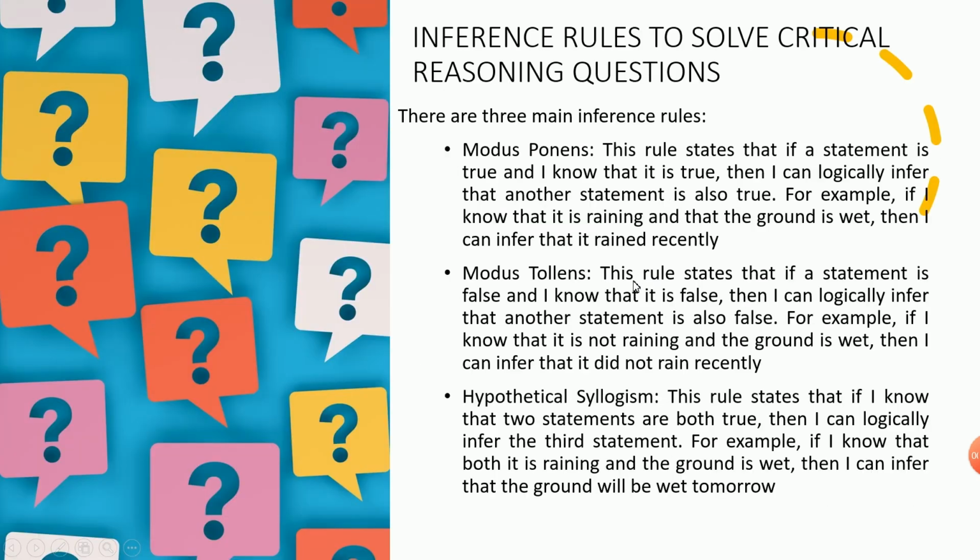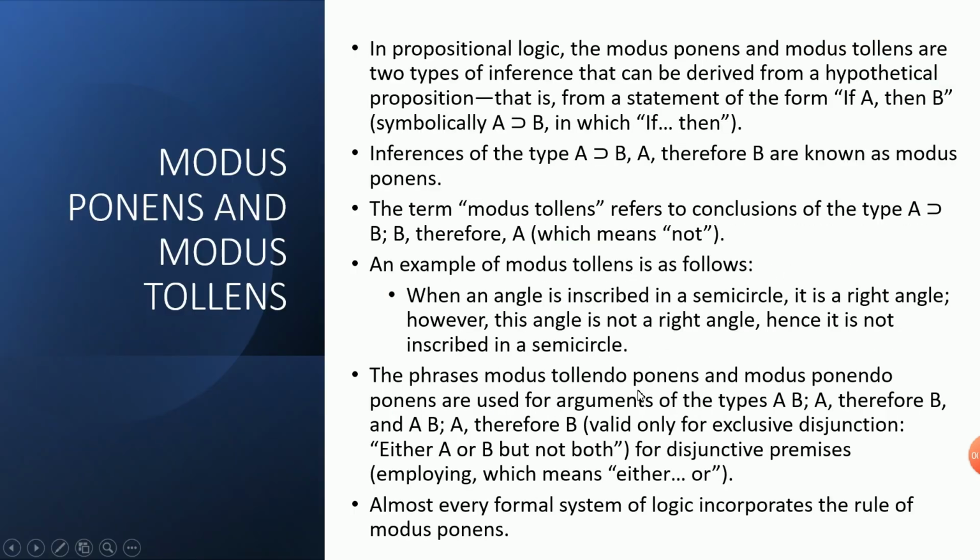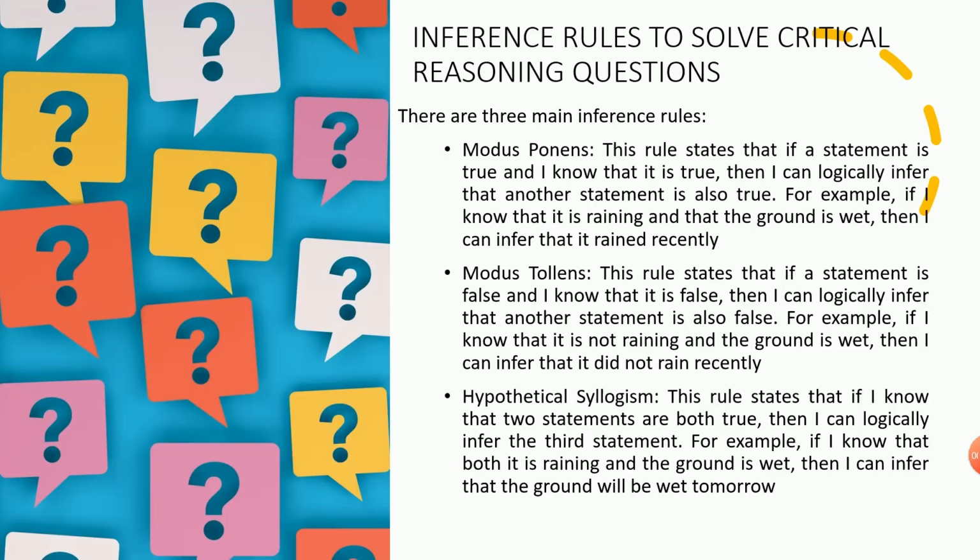But next is modus ponens. Modus ponens is just the opposite of that, where we try to arrive at one set of conclusion. I don't want to complicate because everything is somewhat mathematically oriented. So in the problems we will try to solve, I don't want to complicate with all those notations here.